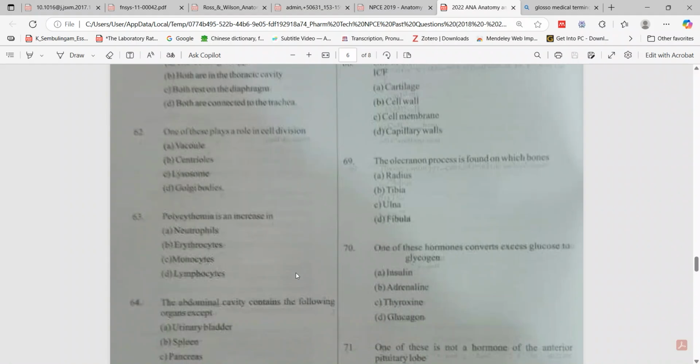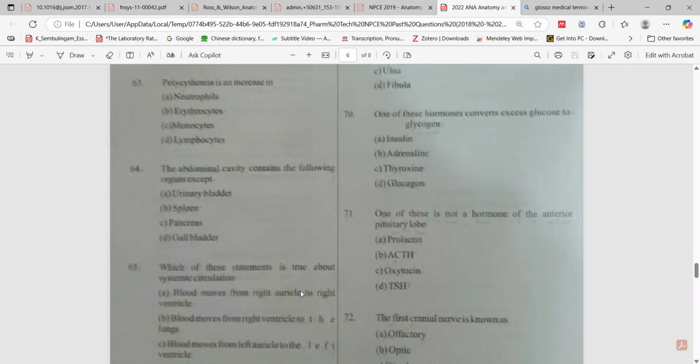Question 69. The olecranon process is found on which bone? The ulna. 70. One of these converts excess glucose to glycogen. Insulin. Glucagon does the reverse.